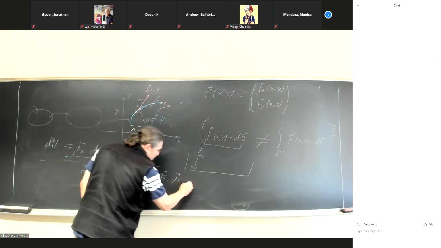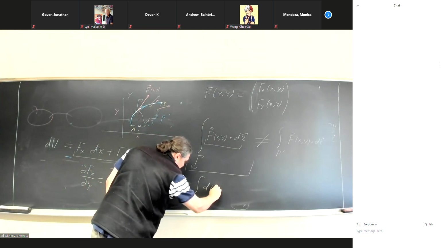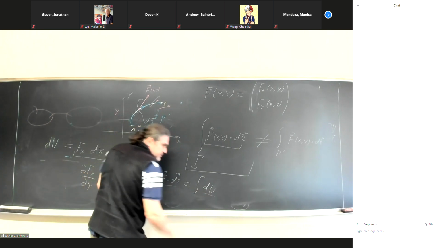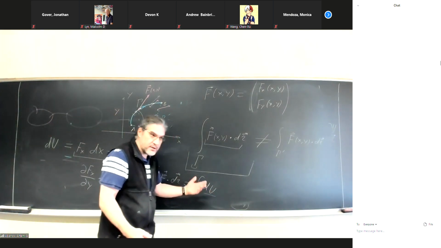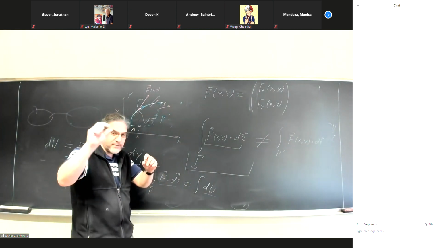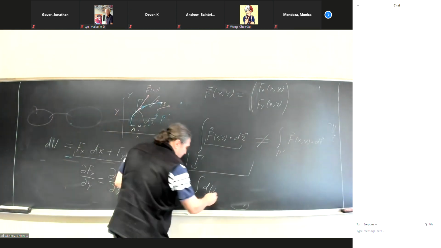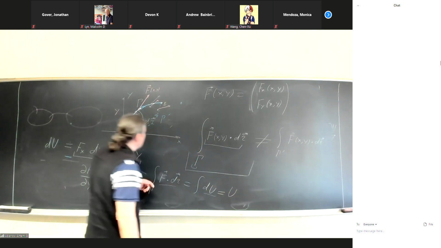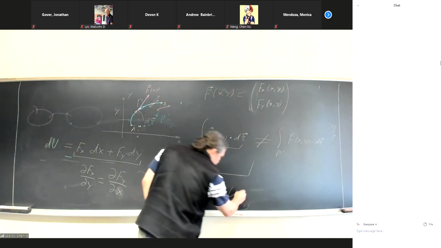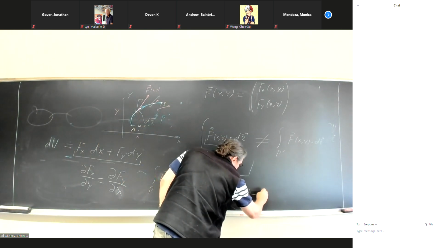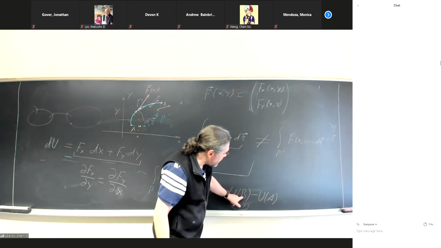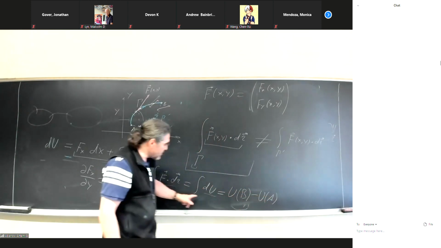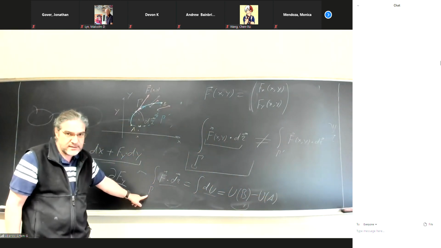the integral of du, because this one is du. But that's a function, and it's a full differential. Summing up a full differential is just a difference of function u at point B minus function u at point A. And it depends only on B and on A. It does not depend on gamma.